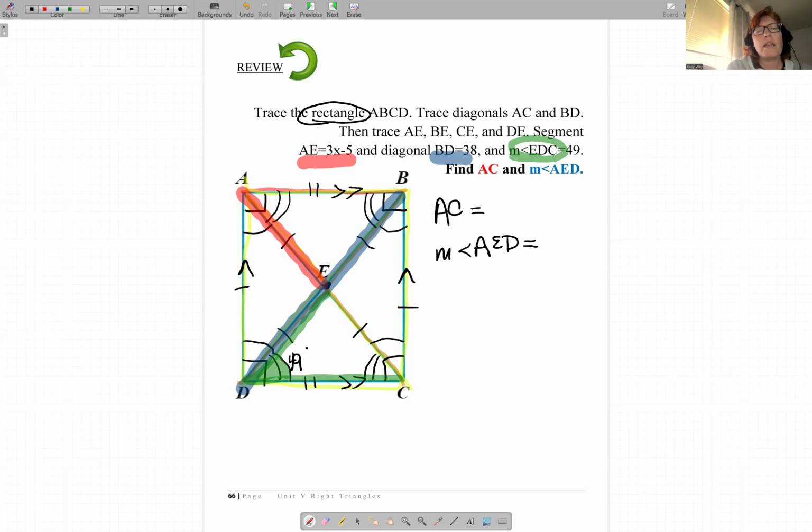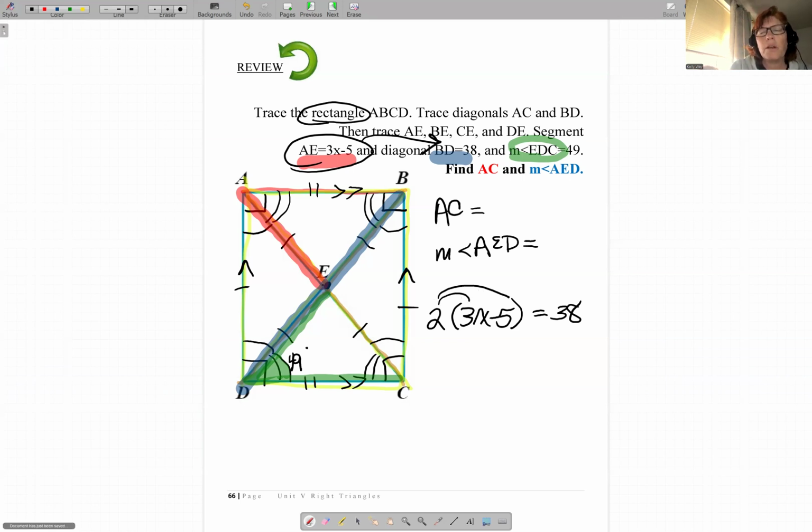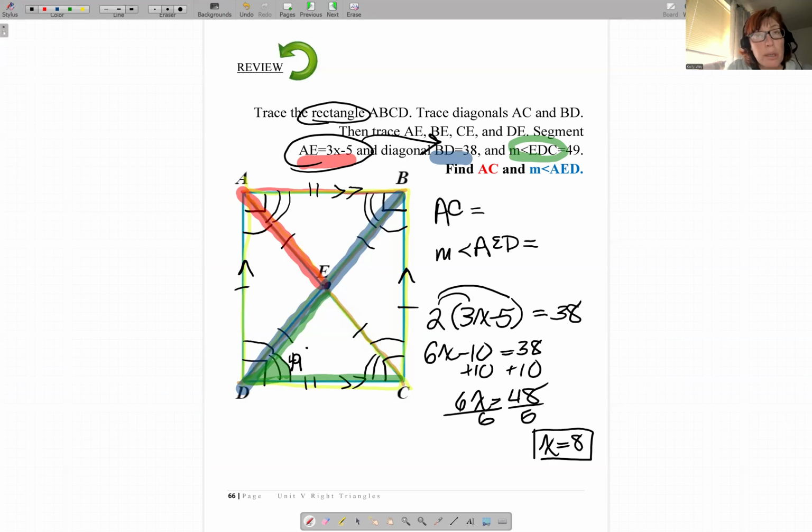You should have noticed that it takes two of these to make one of those. So 2 of 3x minus 5 equals 38. That's 2 reds equals 1 blue. And we have 6x minus 10 equals 38, plus 10 both sides, of course, 6x equals 48, divided by 6, x is 8. Don't get all happy when you solve for the variable because you have to do something with it.